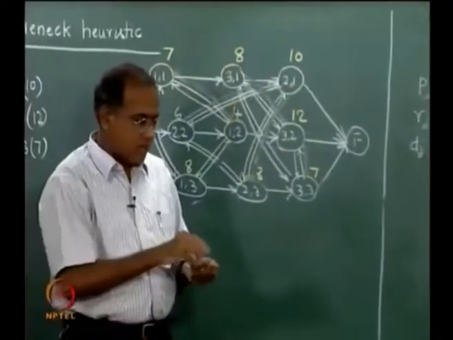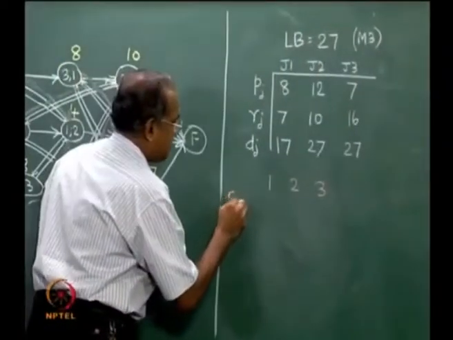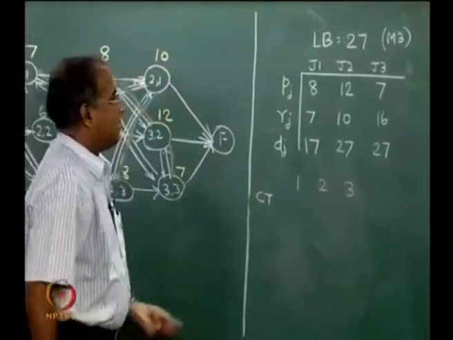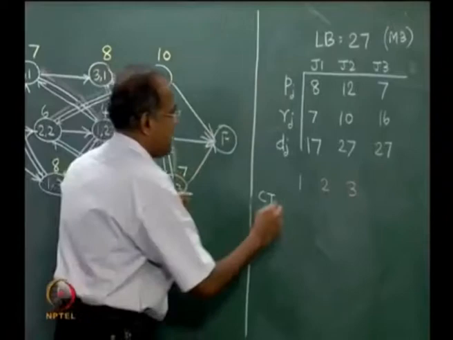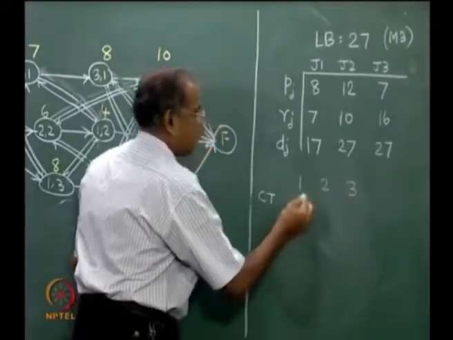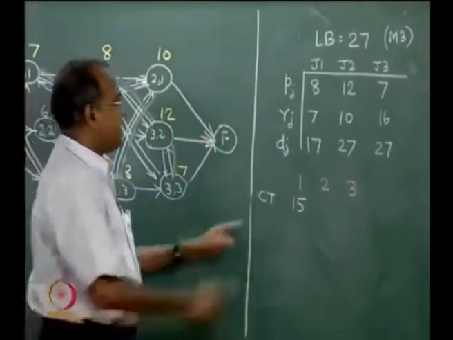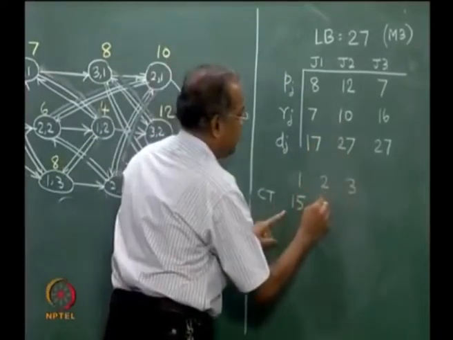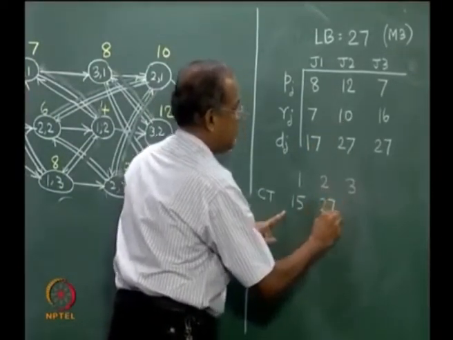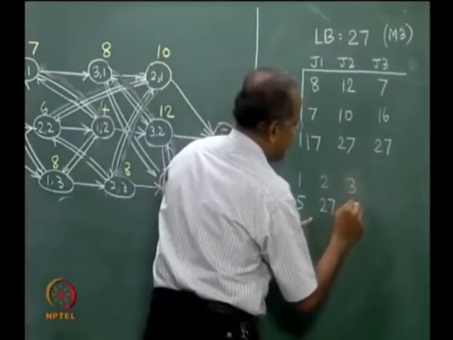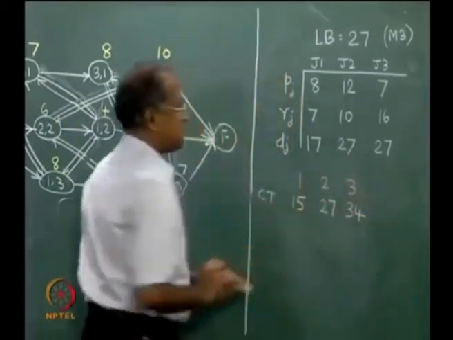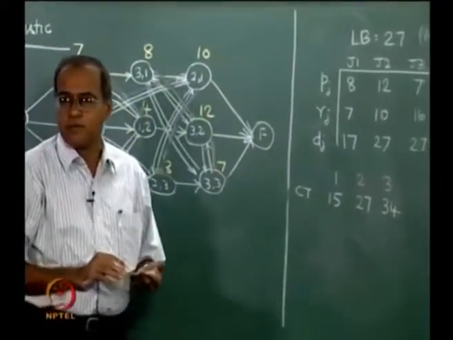Now, completion times. Now, J1 is available only at time equal to 7. So, 7 plus 8, 15. Now, at 15 J2 is available, 15 plus 12, 27, and at 27 J3 is available, 27 plus 7, 34.